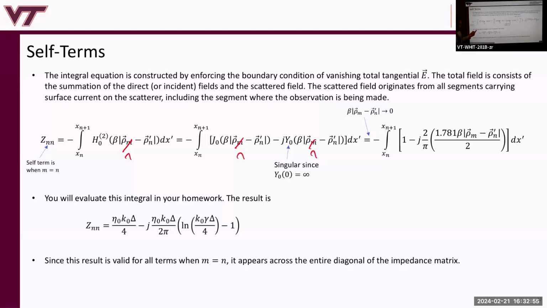All right, so you're going to evaluate this integral, because everybody needs to do that once in their life, for the self-terms of method of moments in your homework. So expect that coming. You've got to do this integral. I'll give you some hints right now. This thing is singular. First off, you don't need to go from xn to xn plus 1, because the self-terms are all the same.